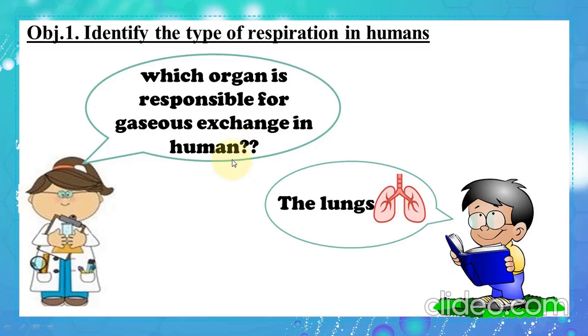They are the lungs, the site of gases exchange, the organs that are responsible for the gases exchange. So, since the lungs are the respiratory organs in humans, what is the type of respiration in humans? It is called pulmonary respiration.